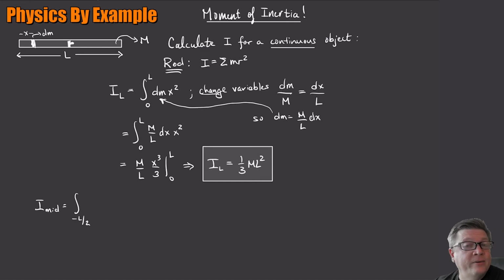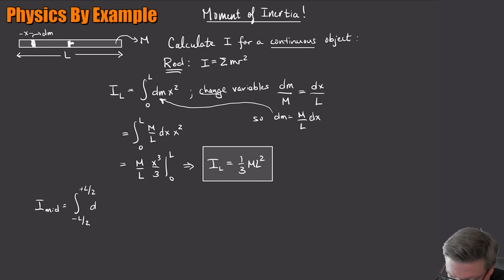But then the direction is important. Remember when considering where the center of mass is. So L over 2 to plus L over 2 on the right-hand side. Now, it turns out for a moment of inertia, we're going to square it, so it doesn't make that much difference. But we still have to get the limits right. Okay, so everything else remains the same.